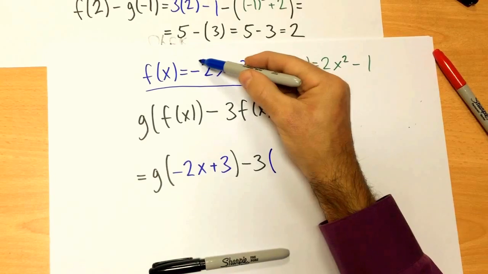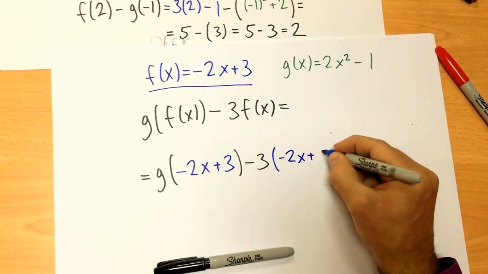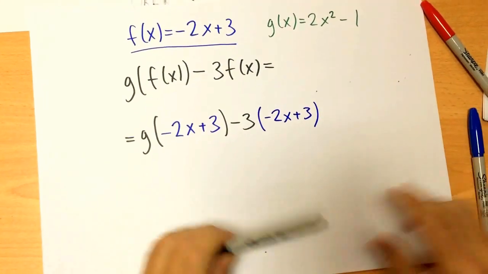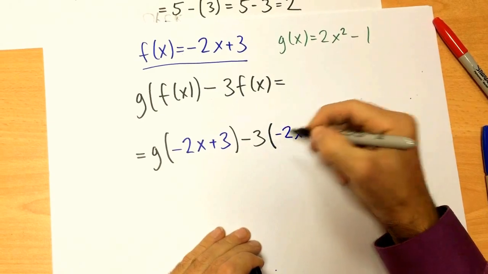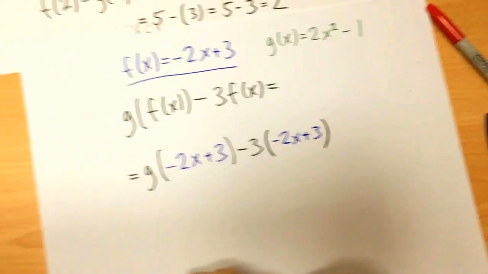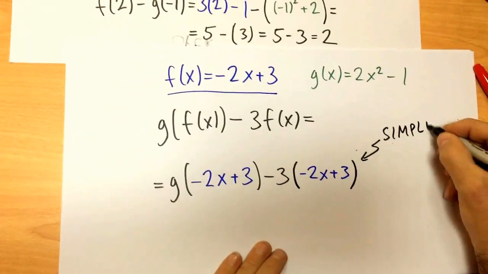So I have 3 multiplied by the whole of this guy. This is negative 2x plus 3. Okay, I did these brackets in blue now. If I want to follow the color code, the brackets themselves should be black. But okay, this is what we have. So now this is a problem to simplify.